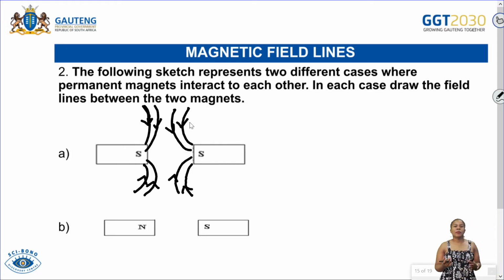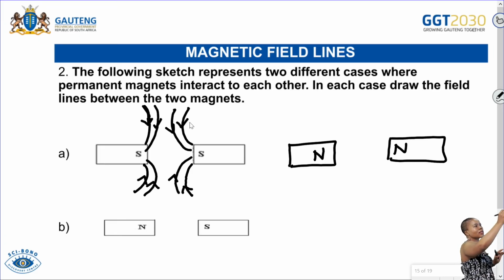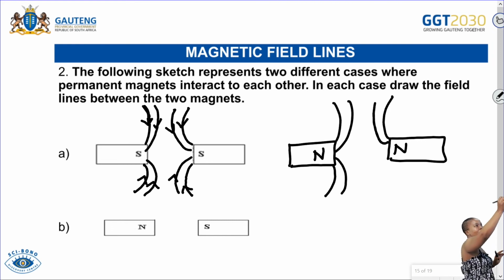In cases whereby these were north to north, also you need to pay attention to the direction. In that case, this is how it would look like. So you will have your north, and then you'll have your north on the other side. So it's still a force of repulsion. However, the direction of the arrows then changes, because now you've got a north to north.